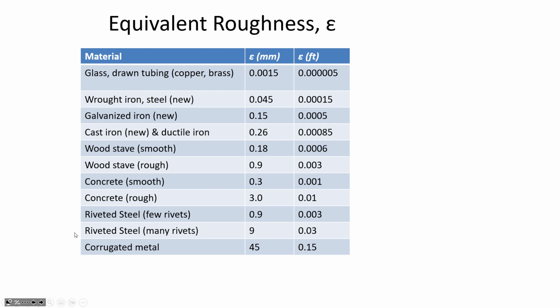So you can see, for example, if you've got a rough concrete, the rough concrete exerts as much resistance to flowing water as a surface would that had sand grains that were 3 millimeters in diameter. But if you've got a wrought iron pipe, that's much smoother, and so you'd need to have really small grain sizes, 0.045 millimeter diameter sand grain sizes, to exert a similar amount of resistance.